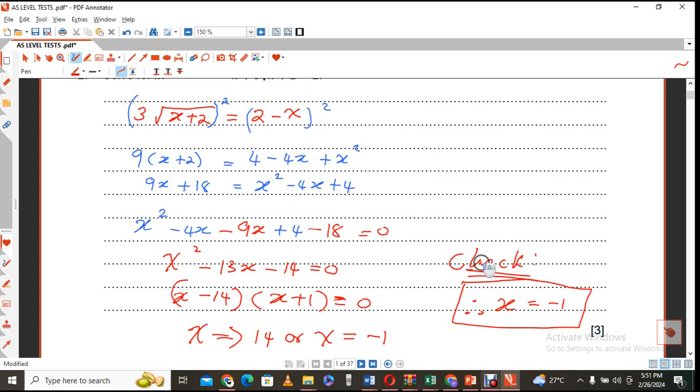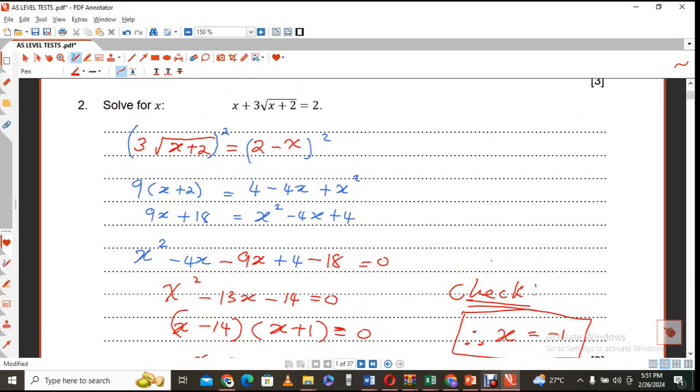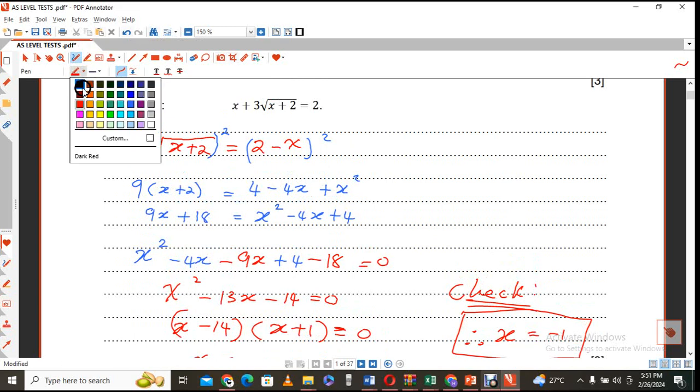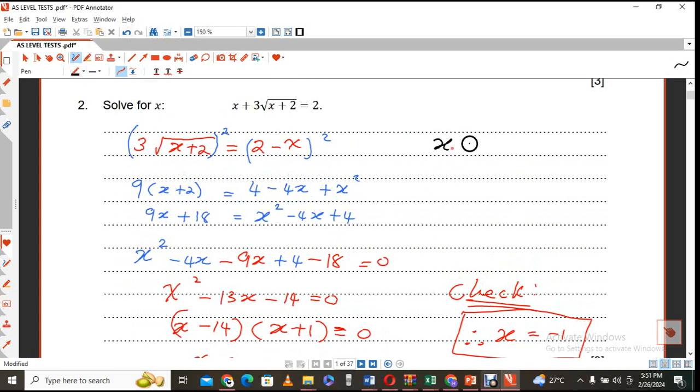So let's see how that plays into this equation. Supposedly I choose x equals 14, so 3 times the square root of 14 plus 2, and see if it gives me 2 minus 14. Underneath the square root you have the square root of 16, which is 4. Remember, x is now being replaced by the number 14.